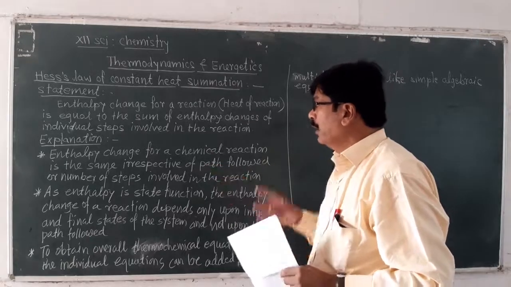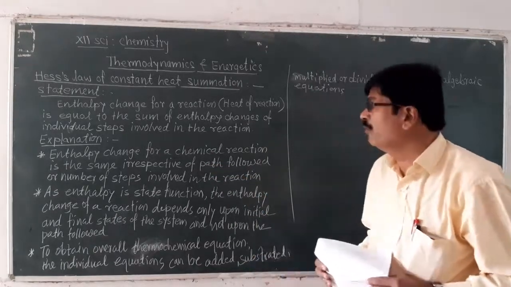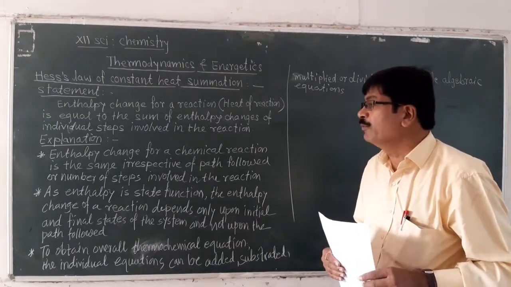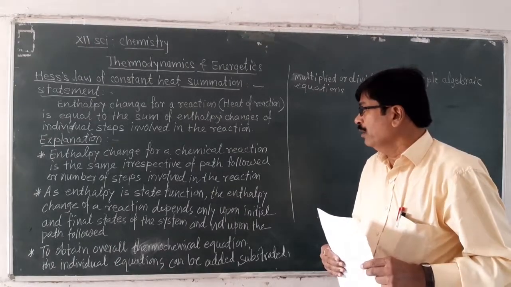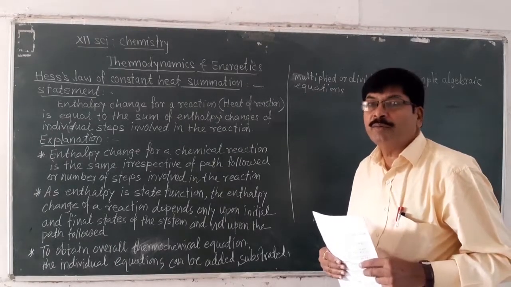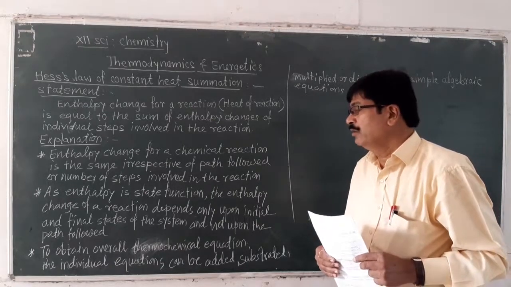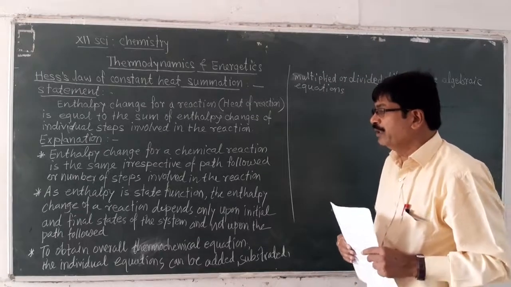First point, enthalpy change for a chemical reaction is the same irrespective of path followed or number of steps involved in the reaction. Second point, as enthalpy is a state function, its magnitude depends only upon initial and final states of the system and not upon number of steps followed or path followed between these states.